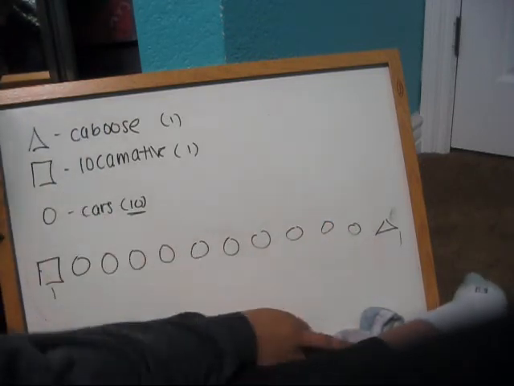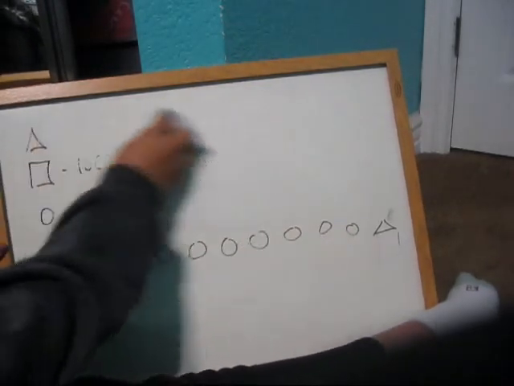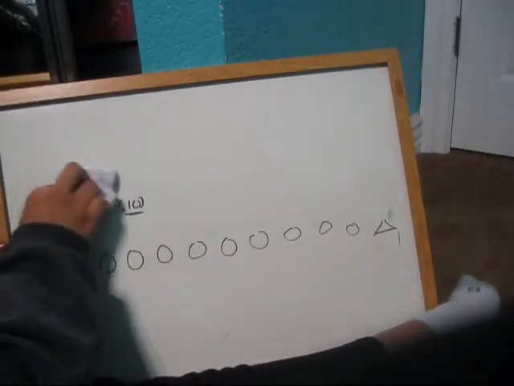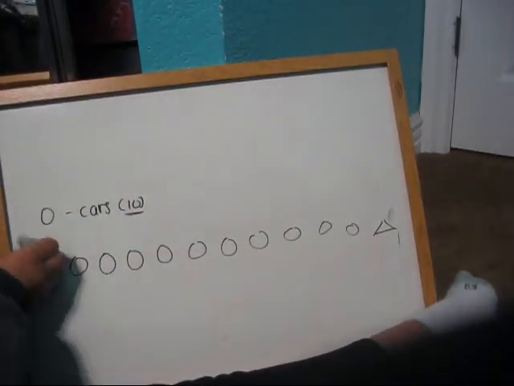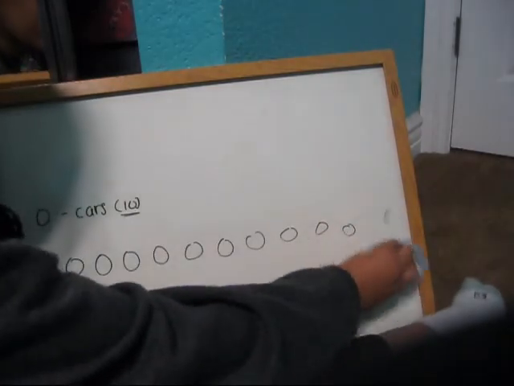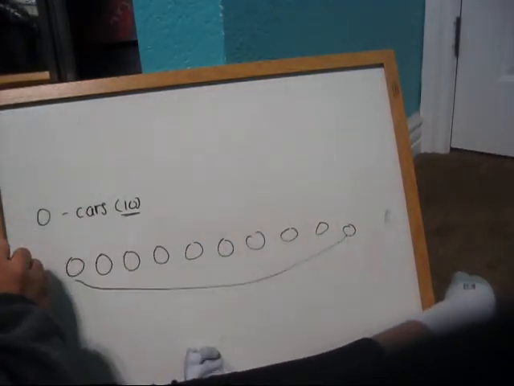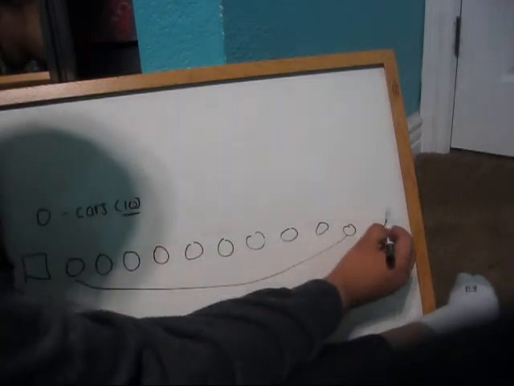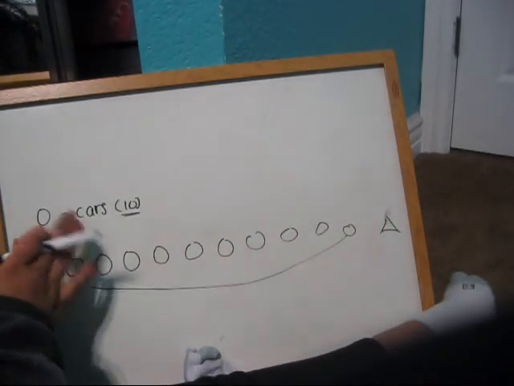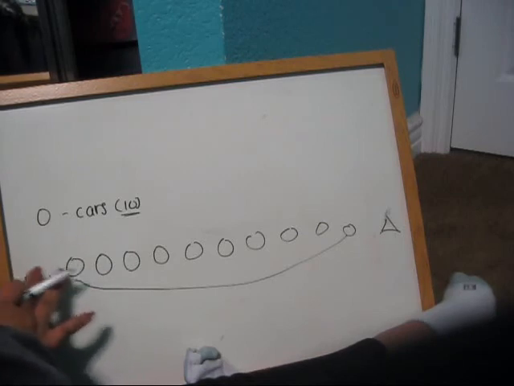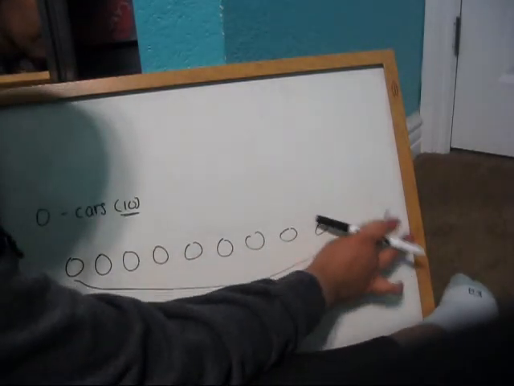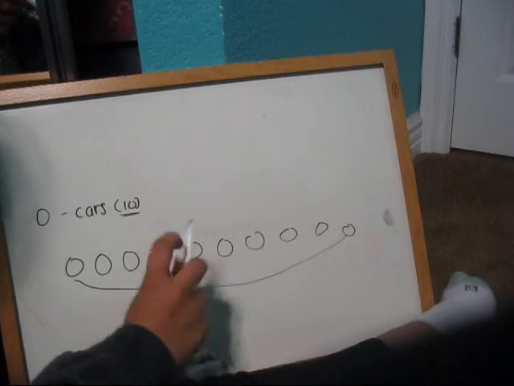So the thing is, you don't even need to know this whole caboose and locomotive thing. You just have to know that there's 10 cars, and you're just trying to figure out how many different ways these can be arranged, because this caboose and locomotive, they're already set in place. They're never going to move, so they don't affect your order. So what you do is 10 factorial.